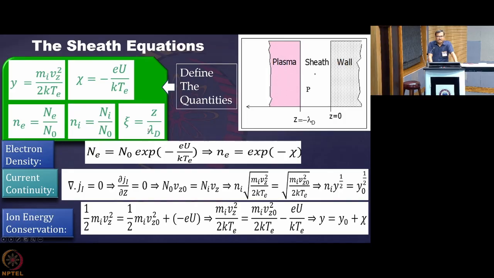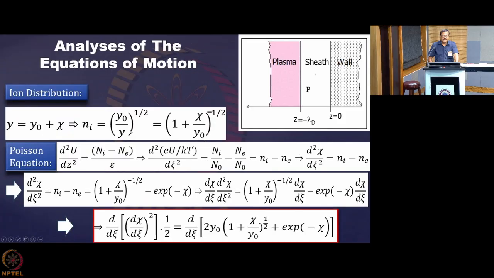Yeah. So, if you write these equations in terms of chi, then this kT appears over here in this z, and that kT goes up, and you are getting these expressions in terms of this dimensionless parameter chi, and here you can get Ni by N0 and Ne by N0.